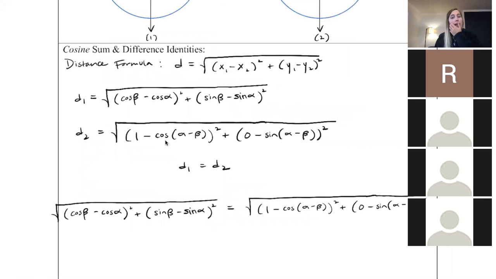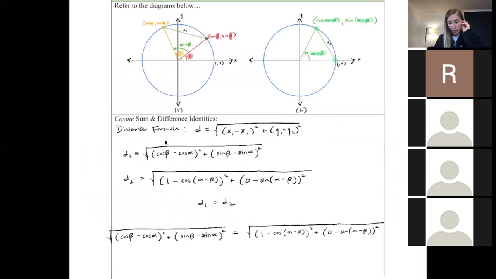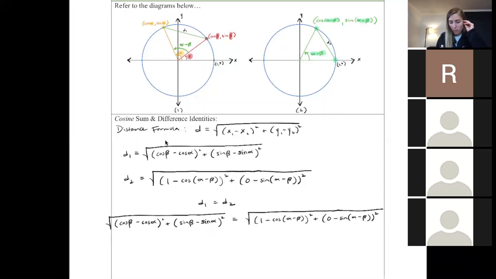Okay, so before I continue, I want to check in with you guys. Are we okay with how we just got to where we are? Can you explain the 0 and 1 part again? Sure.